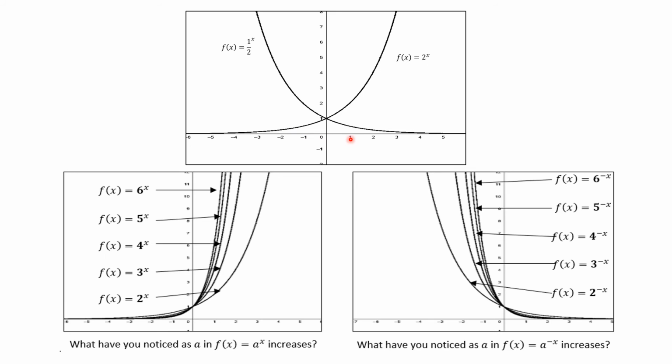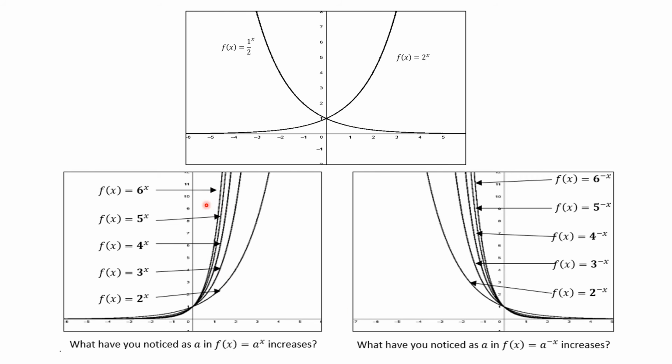If the value of x is positive 1, if the value of x is positive 2, here is the point. So what is our graph doing? That is increasing. Again, if our base is greater than 1, as x increases, our graph also increases. If our base is less than 1, then it is decreasing.